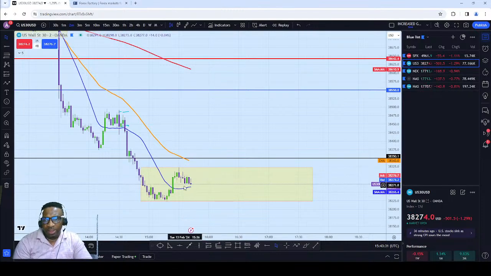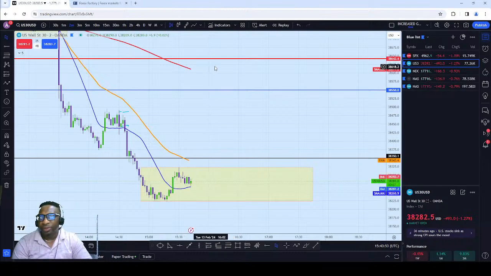So currently its price is being held by the 20 moving average. On the video I did on YouTube about picking bottoms, this is one of the conditions: when price is held by the 20 moving average, then we get an entry. One of the conditions is we have space.